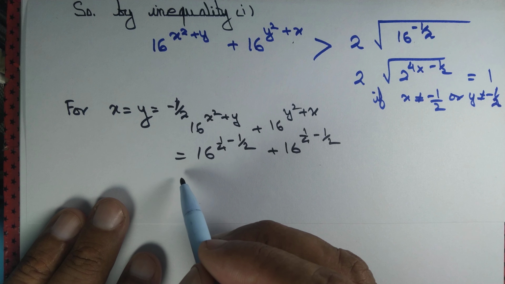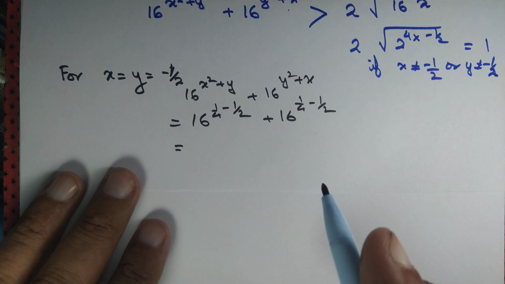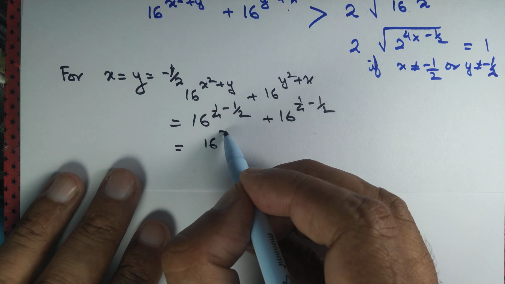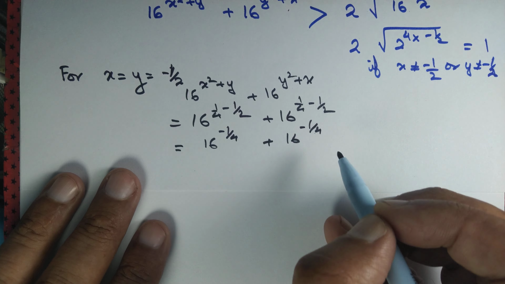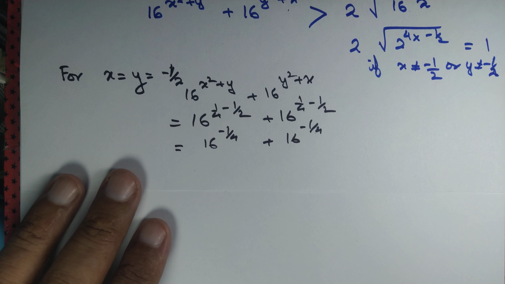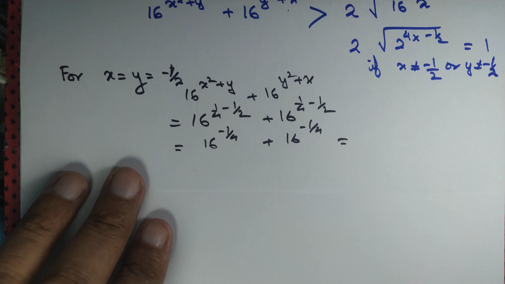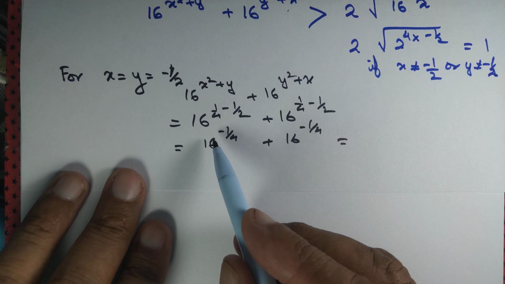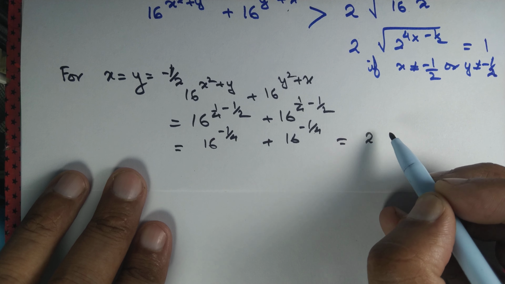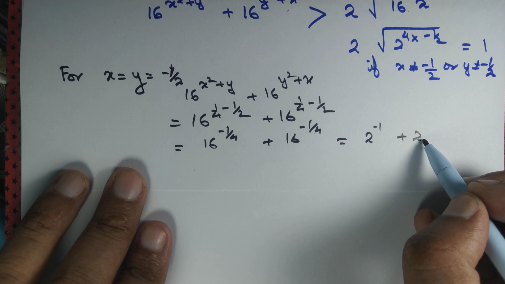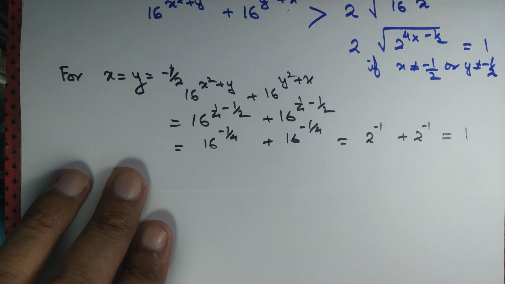Plus 1/4 minus half is minus 1/4, so 16 to the power minus 1/4. Now 16 can be written as 2 to the power 4, and 4 and 4 will get cancelled, so we will be left with 2 to the power minus 1 plus 2 to the power minus 1. That's simply equal to 1.